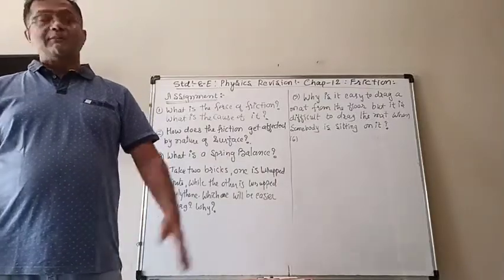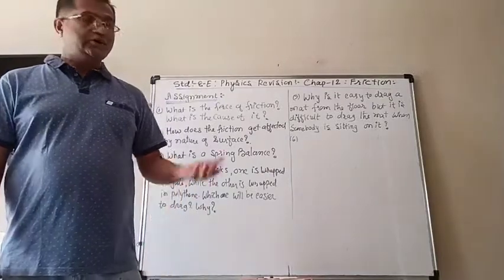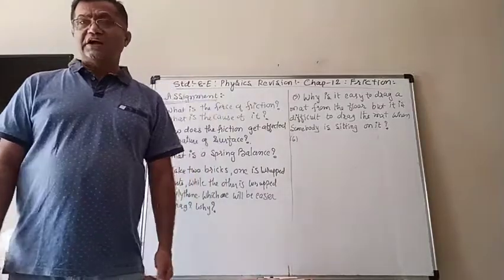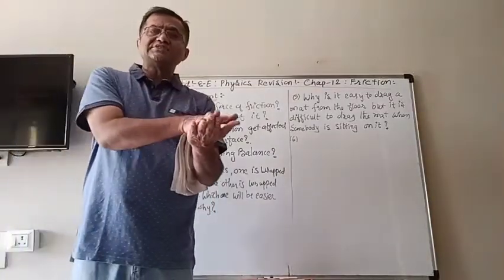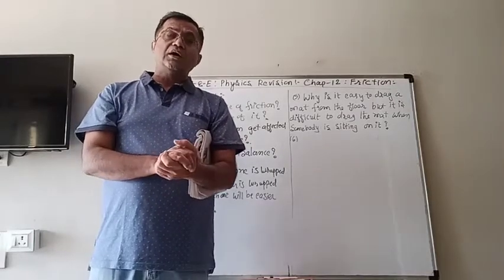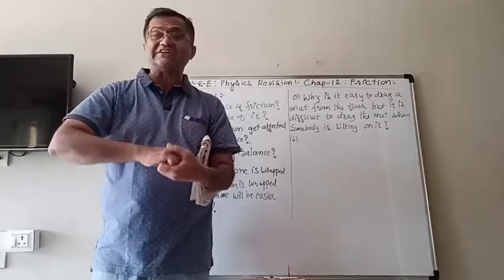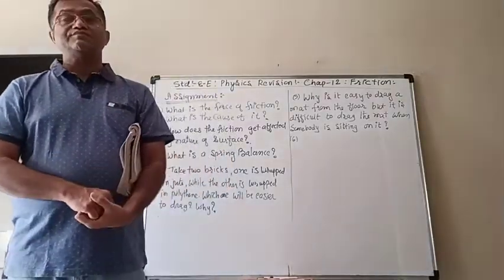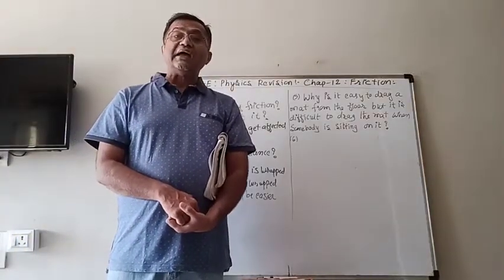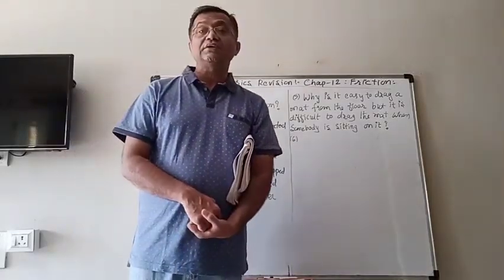But when somebody is sitting on it, due to the mass of that person, the two surfaces are very close to each other, and the irregularities come closer, so they interlock very tightly, and therefore it is not easy to drag that mat when somebody is sitting on it.